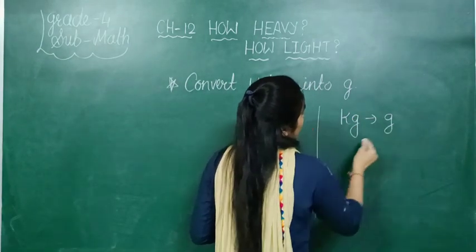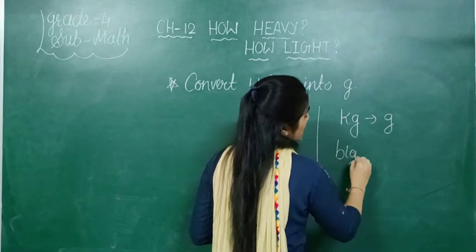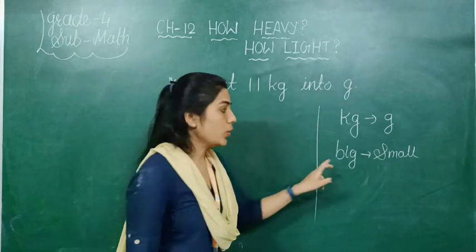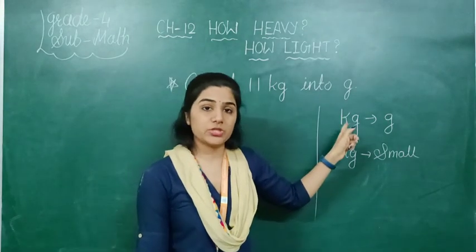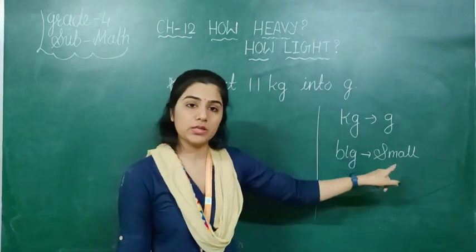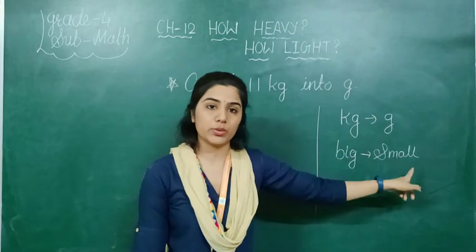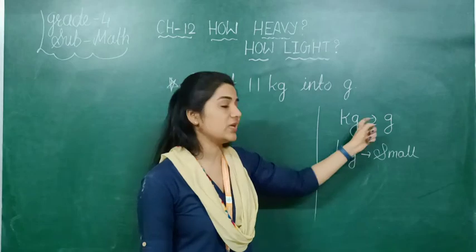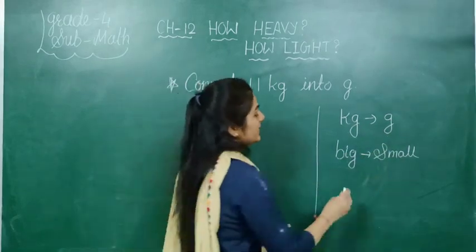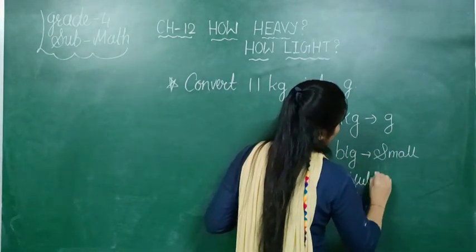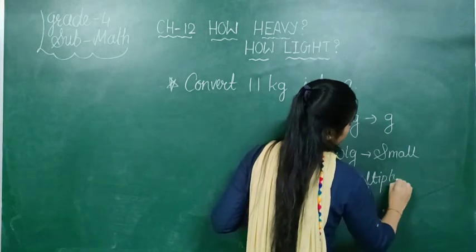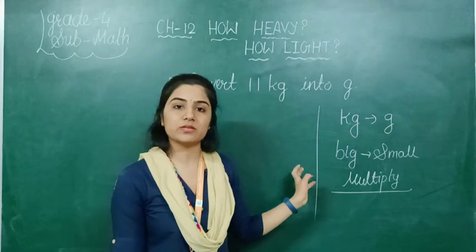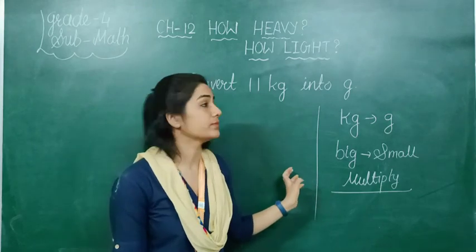Kilogram to gram means big unit into small unit. As we did division when converting small to big unit, when we are converting a big unit, this kg, into gram, at that time we will multiply. So you have to remember these points while doing this kind of conversion sum.